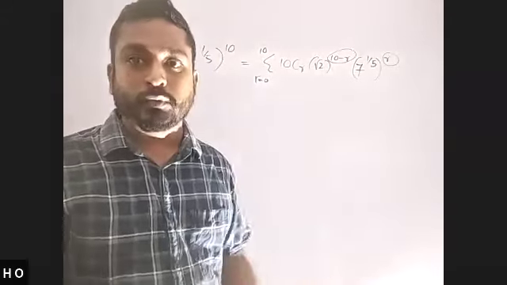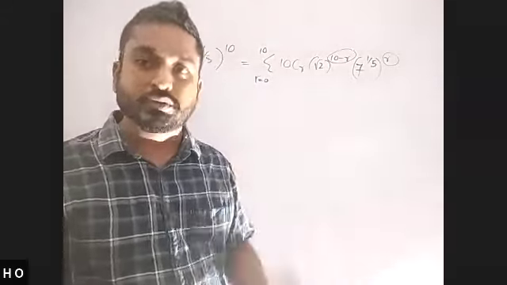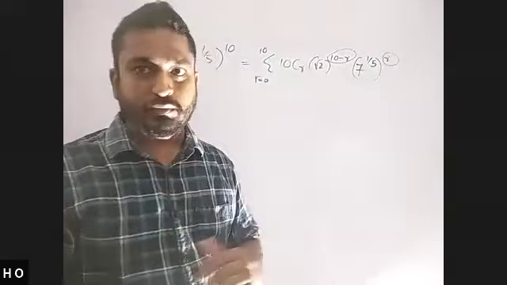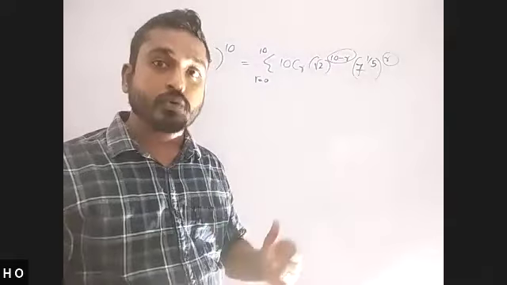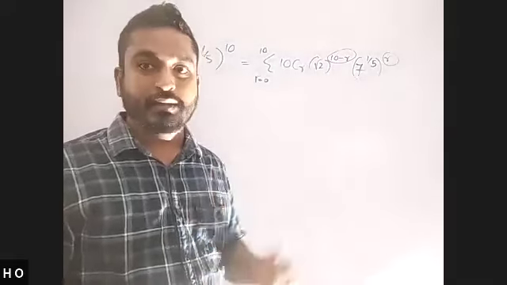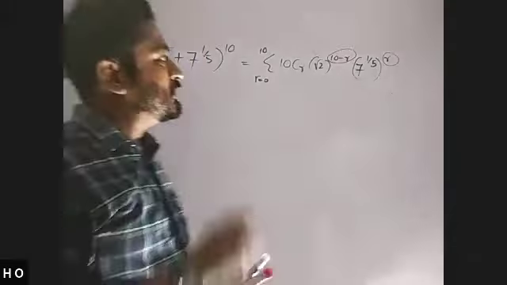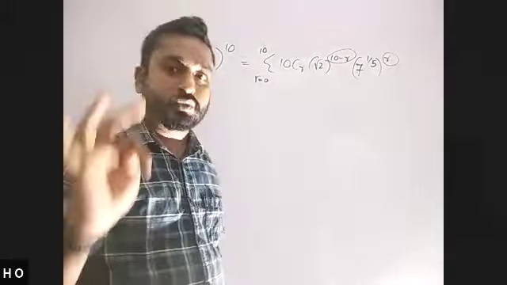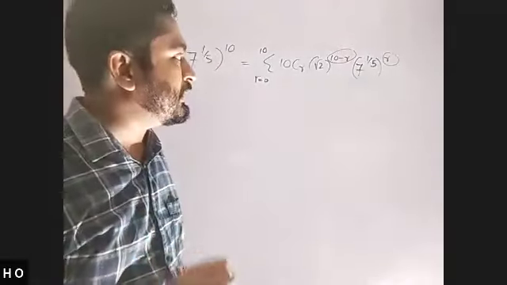Root 2 to an odd power always includes root 2. Root 2 to the power 0 is 1, root 2 to the power 2, 4, 6, 8, 10. So to make root 2 rational, you have to have 0, 2, 4, 6, 8, 10.